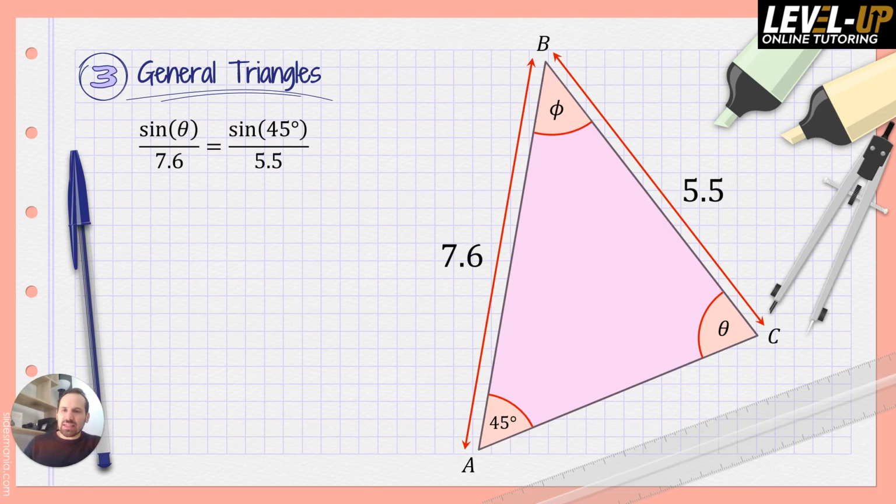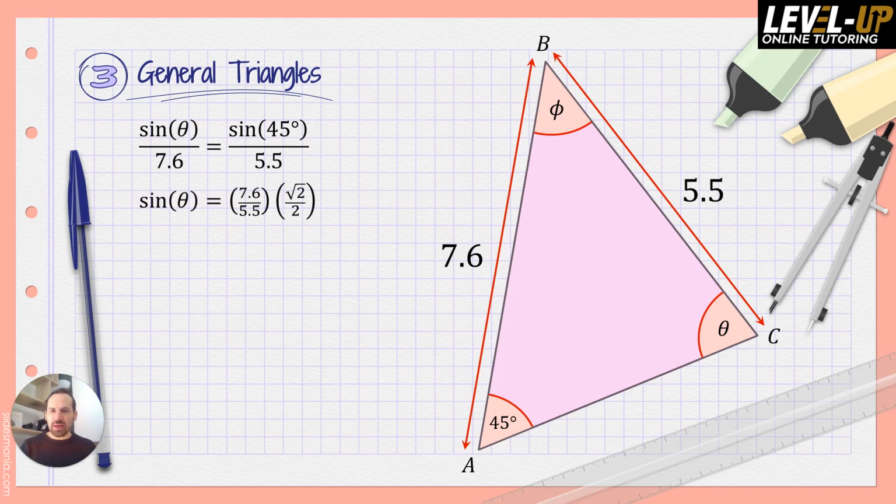Here we can see that using the sine rule, if we wanted to calculate what theta is going to be, that angle at C, we've got sine of that angle over the opposite side of 7.6 equal to sine of 45 over 5.5. We need to choose things such that we're using the values that we know. In this case, we can't use the angle at B because we don't know it, nor do we know the side opposite it.